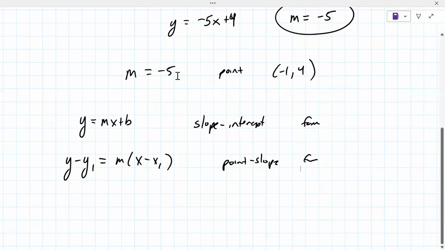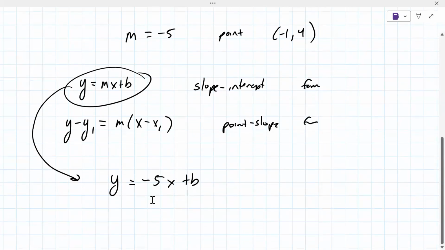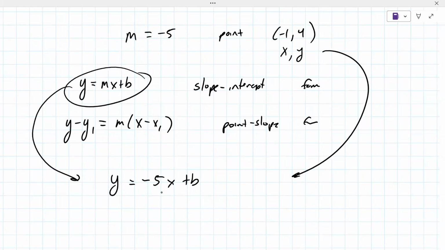Okay. So we're going to use y equals mx plus b, which means we're going to write the equation with the slope. So it's minus 5x plus b. And the next thing to do is to take this point and put it in for x and y. So that's x and that's y. So 4 equals -5 times -1 plus b.